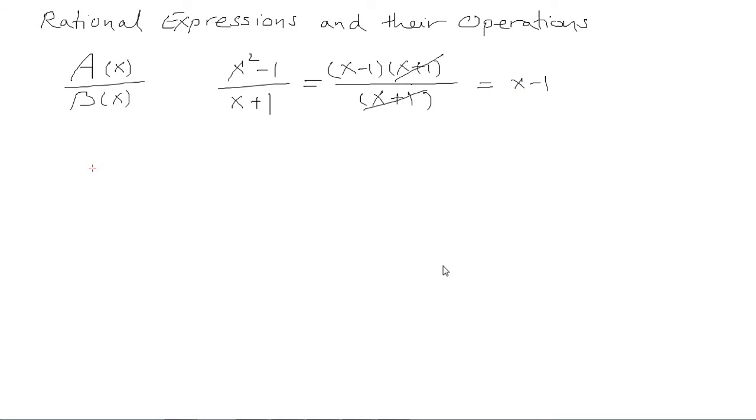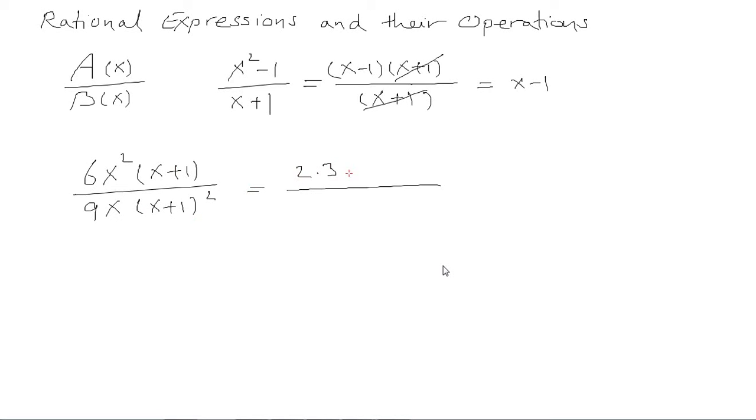Another example, 6x squared (x plus 1) over 9x (x plus 1) to the power of 2. Okay, so in order to simplify this, I can factor 6 and write it in terms of a product of its prime factors. 6 is 2 times 3, and then x squared is x times x, and that has been multiplied by x plus 1.